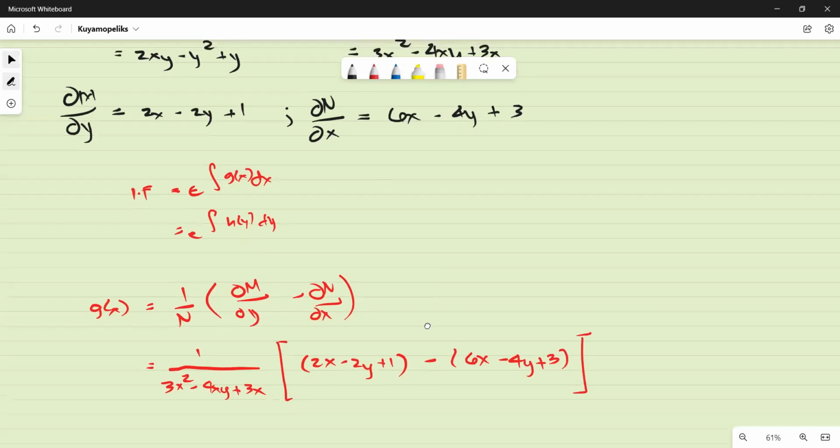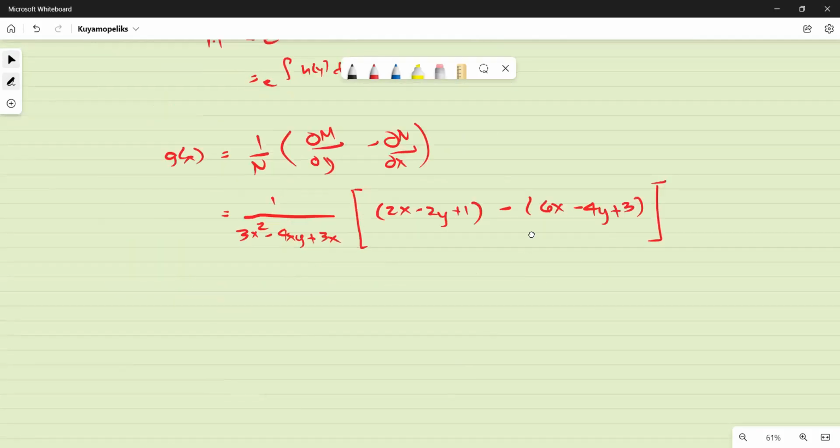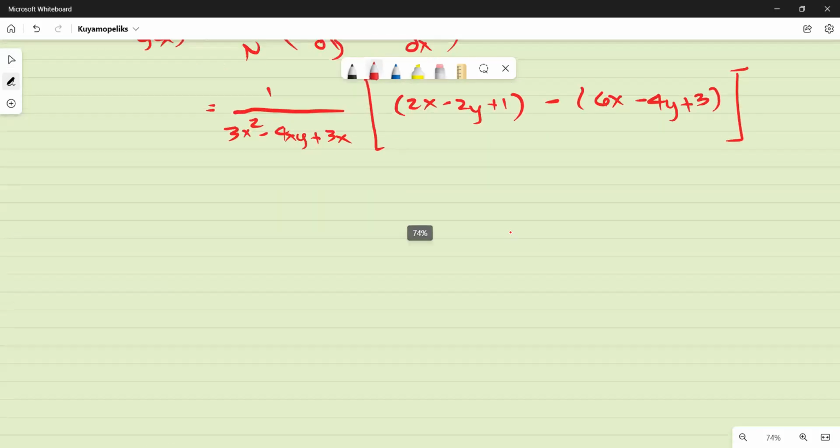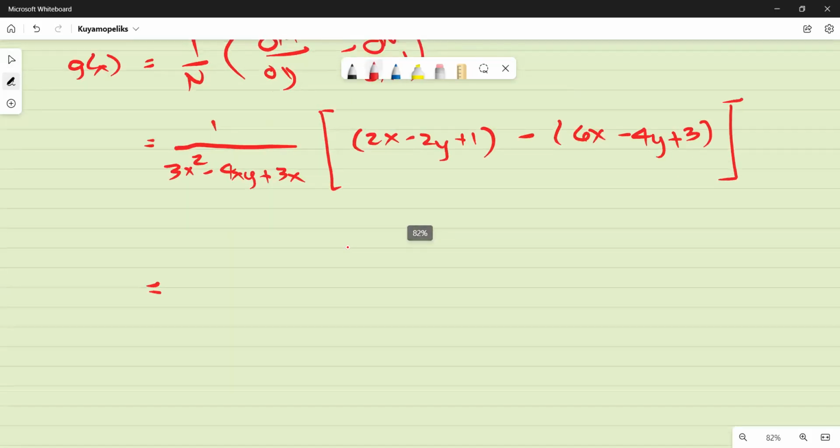Let me recheck that. Okay, let's simplify the numerator: 2x minus 2y plus 1 minus 6x plus 4y minus 3.